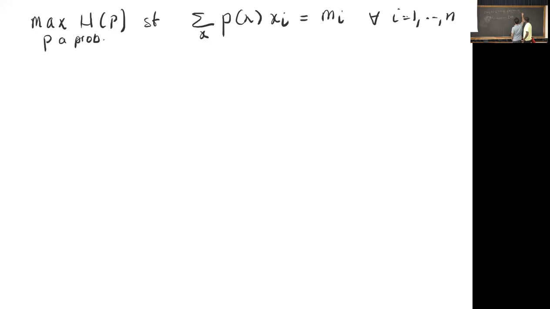This is the same thing as sum over x of P of x times sum over i of lambda i xi, plus things that do not depend on P of x. So I don't care. The derivative of that with respect to one of these terms gives what you wrote. That's correct.